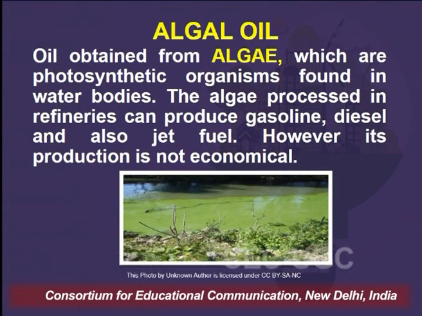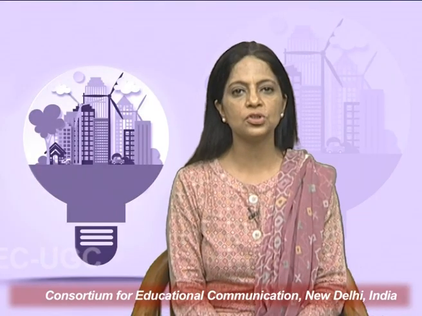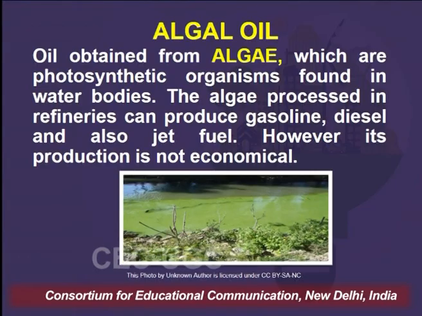The algae processed in the refineries can produce gasoline, diesel and also jet fuel. However, its production is not very economical, and the below picture shows a spread of green algae on a water body, which is further extracted to produce these kinds of energy sources.